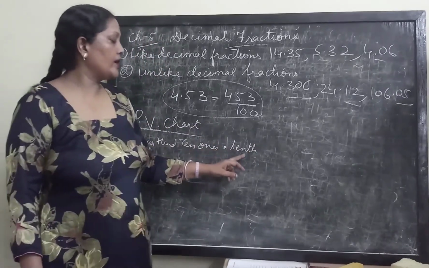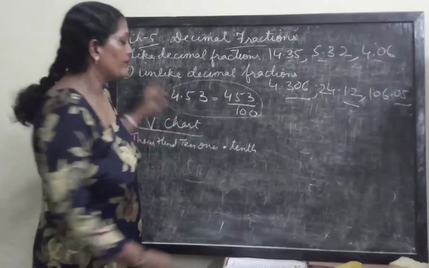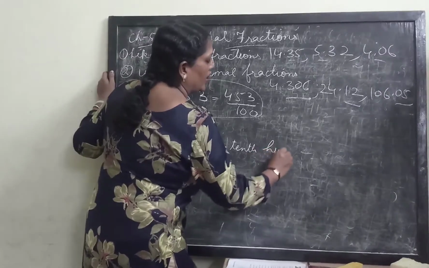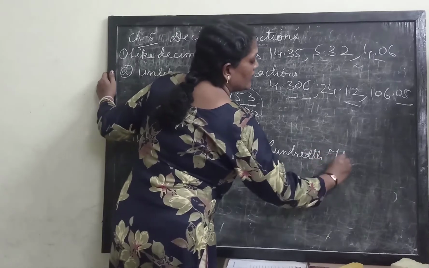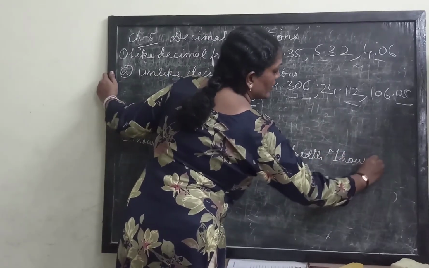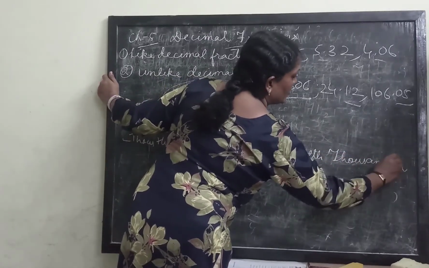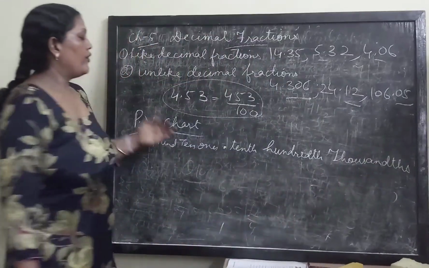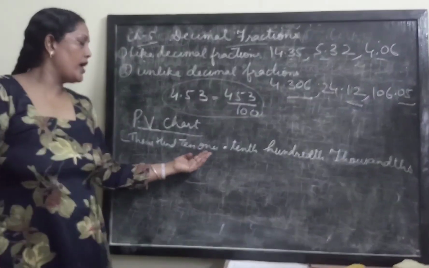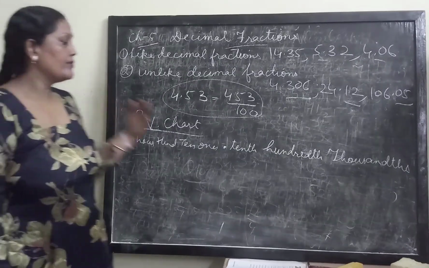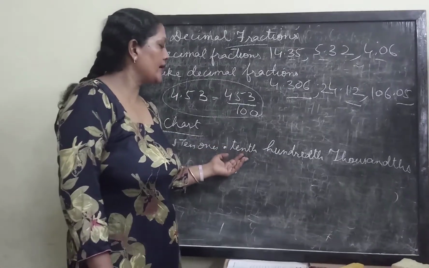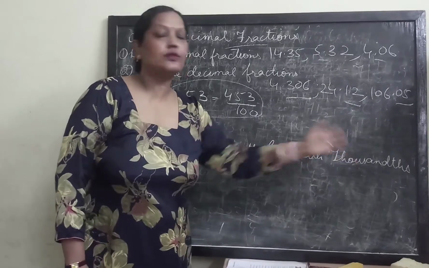After the decimal, the first digit will take the tenth part, then the hundredth part, where you have to write th at the back, then thousandth. This is known as the place value chart. Before the decimal, as usual, ones, tens, hundreds, thousands, 10,000, lakh, 10 lakh. After the decimal, we have the tenth part, hundredth part, thousandth part.